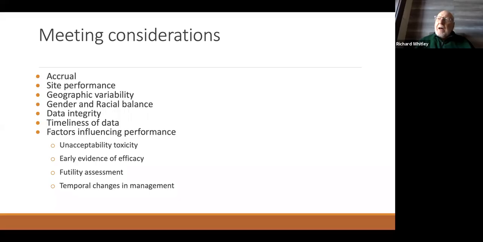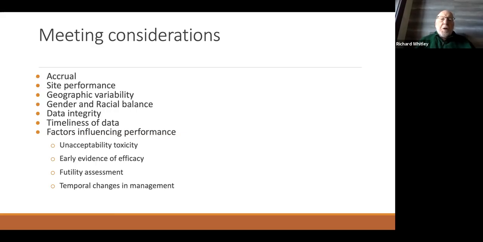And what I mean by that is all potential cases that would be considered in the database need to be adjudicated in a prompt fashion. So the Data Safety and Monitoring Board is looking at timely data as illustrated by the next data point, and that is data that is contemporary and not 2 to 3 months out of time.